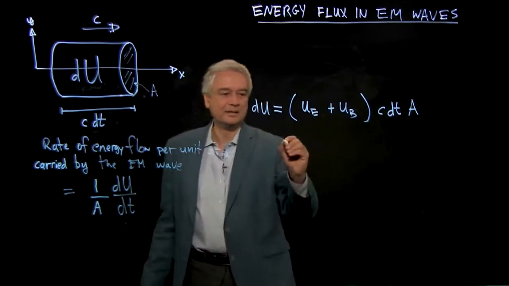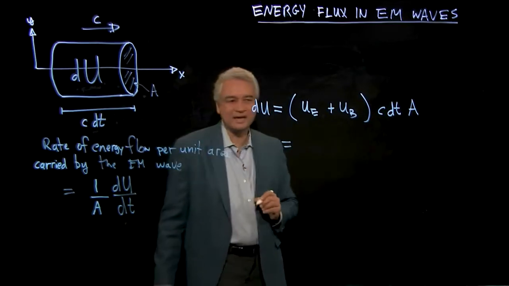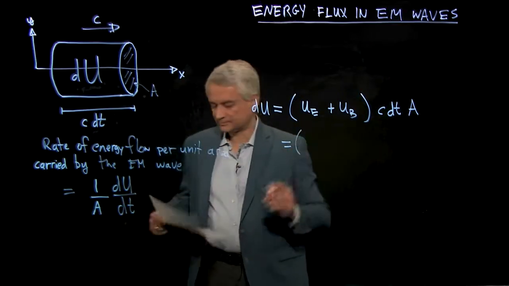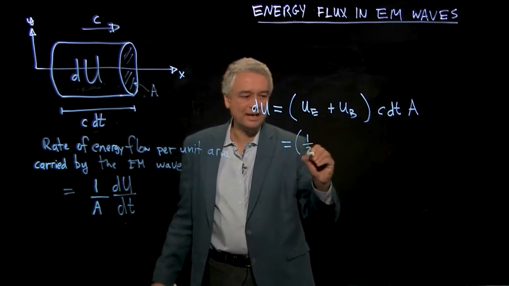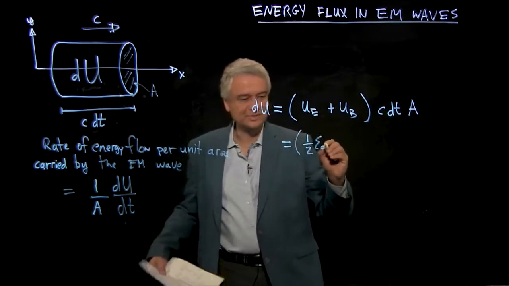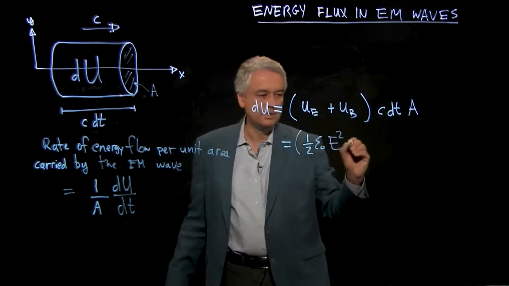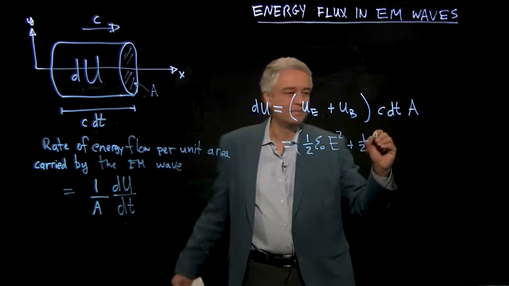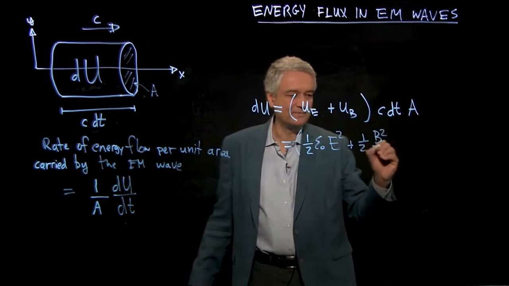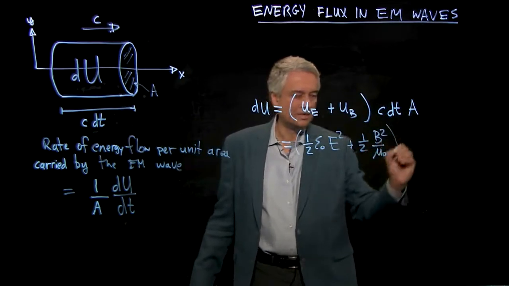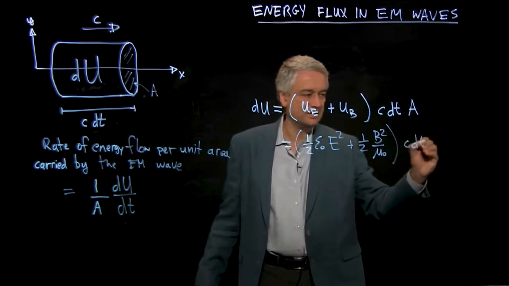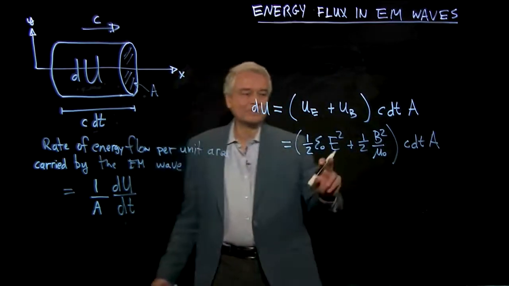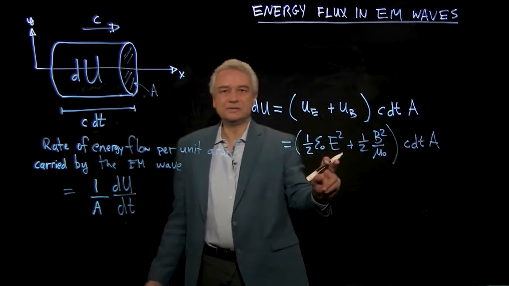And if I use results from much earlier in 802, that gives me 1/2 epsilon naught E squared plus 1/2 B squared divided by mu naught, times c dt times the area A. So this is my du.